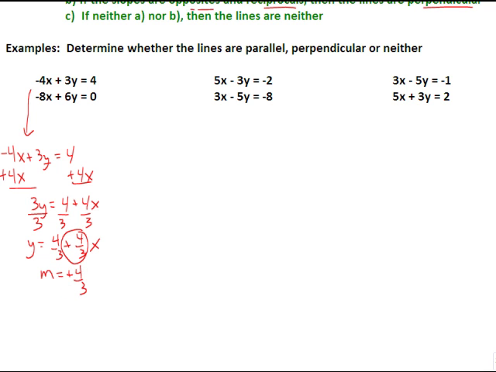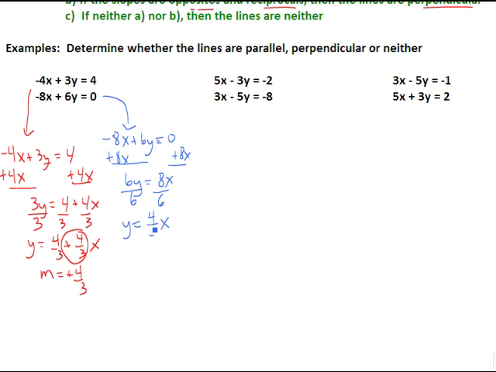Now we're going to do that exact same thing for the second equation. Let me recopy it. We want to find its slope by solving for y. So I'm going to isolate y by adding 8x to the other side. It gives me 6y equals 8x plus 0, or just 8x. Divide through by 6, and then reduce. 8 and 6 are both divisible by 2, so when I divide by 2, I'll get 4/3 x.